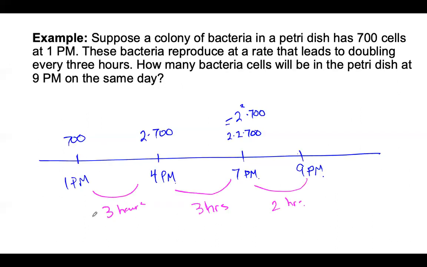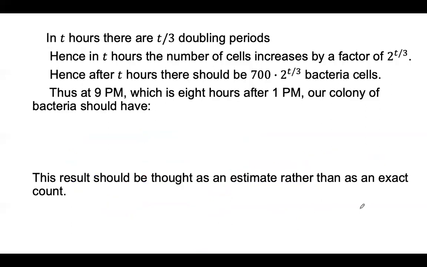So essentially here, let me go back. This would be 3, 6, 7, 8. So this is 8 hours later. What happens 8 hours later is the question. So in T hours, there is going to be T divided by 3 doubling periods.